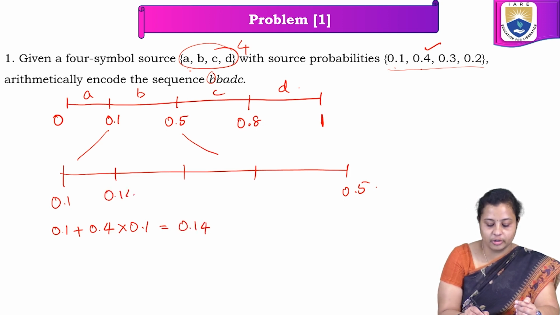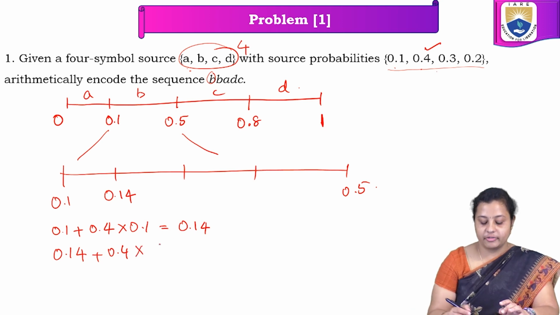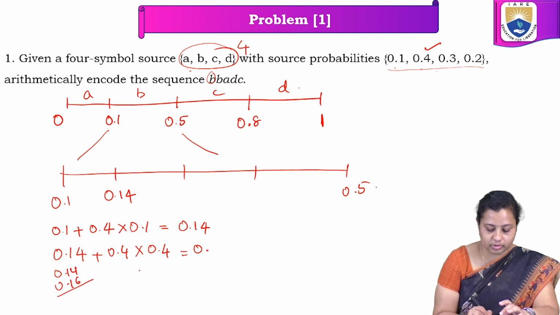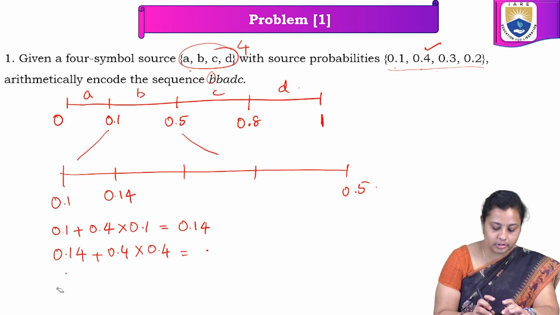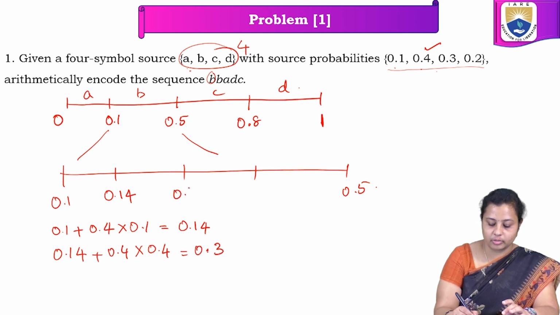Next value will be 0.14 plus 0.4 into 0.4, which is 0.14 plus 0.16, equal to 0.3, right?